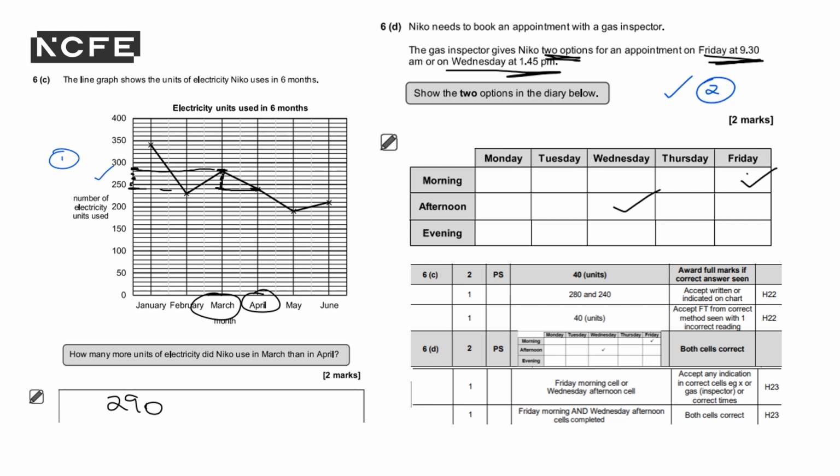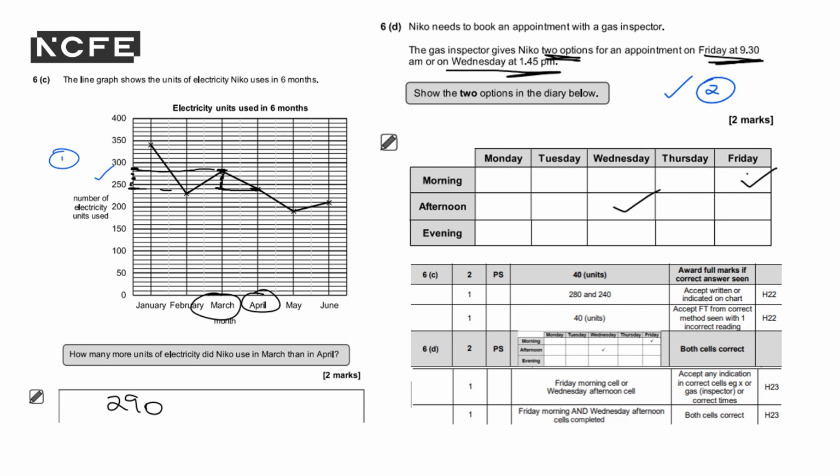So the fact that they've written that number down below as 290, we can forget about that because they have indicated on the bar chart where those lines do come across, and perhaps it's just that they've drawn the line for 280 a little bit messily, which is what's caused them to think 290. But it is indicated on the bar chart, so we can accept that, but they haven't found the difference and therefore we can't award the second mark.